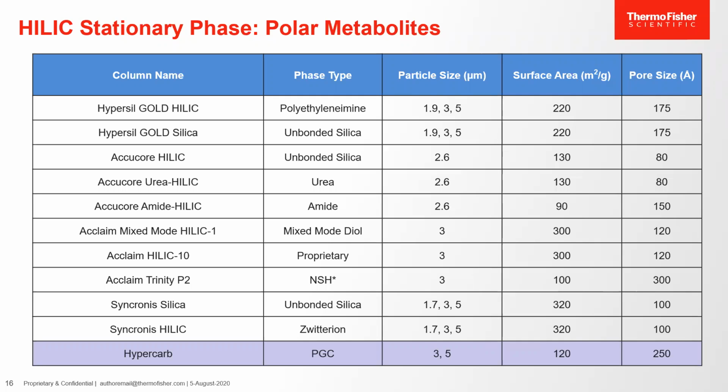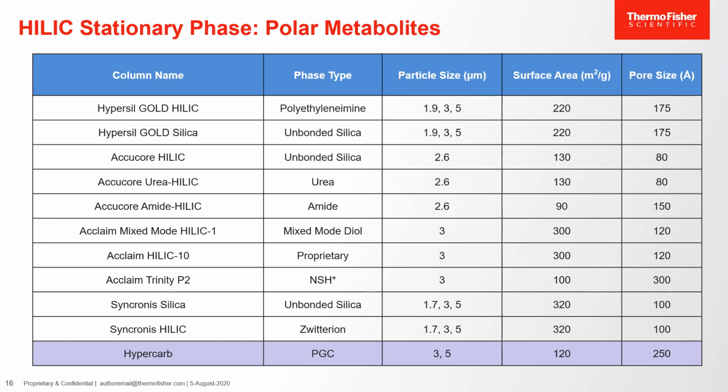So, HILIC stationary phases. We went over reverse phase, which is our C18, biphenyl, and phenyl, just to name the common ones. Now we go into our HILIC. So we have HILIC, and then we have silica. There we go. Each one of our families has a HILIC column.